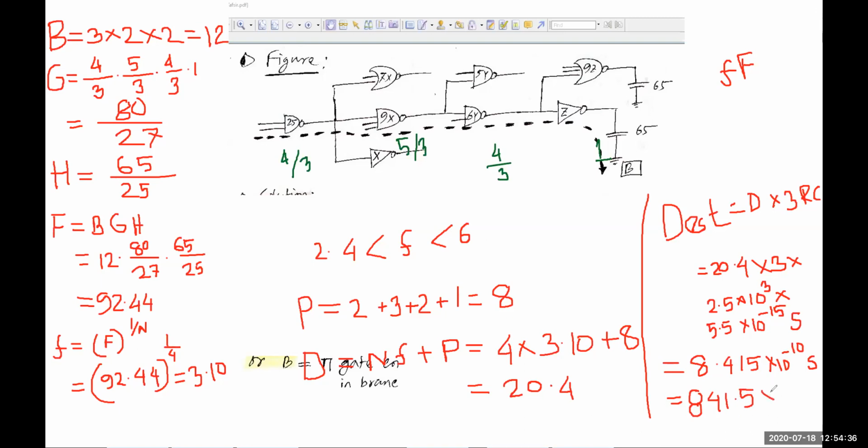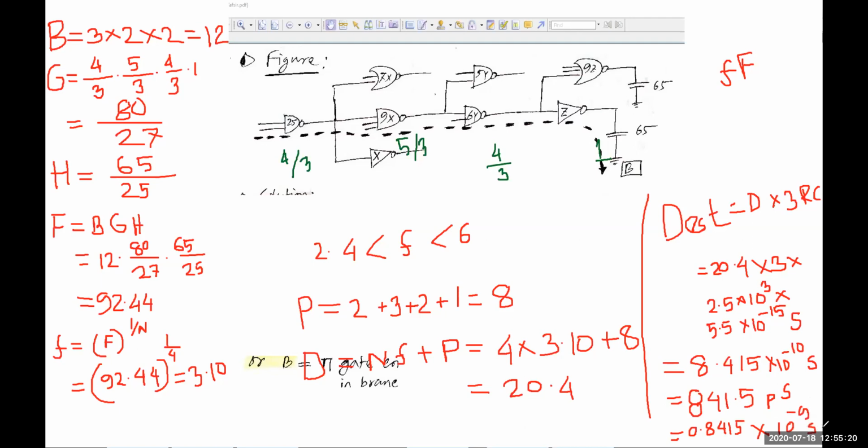If you click the ENG button, your value will be 841.5 into 10 to the power minus 12 seconds. We can call this picosecond. Or if you click shift ENG, your answer will be 0.8415 into 10 to the power minus 9 seconds.